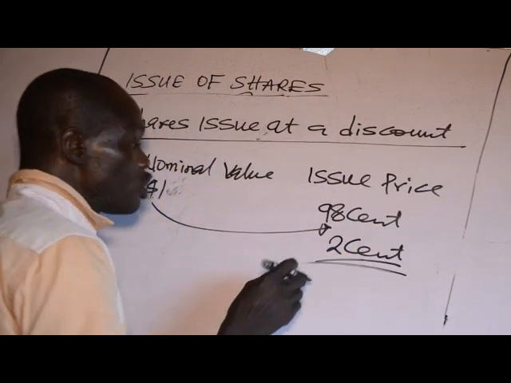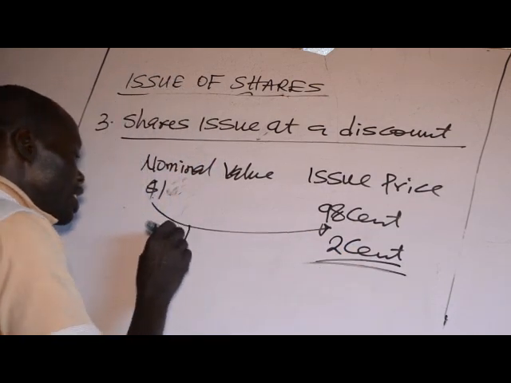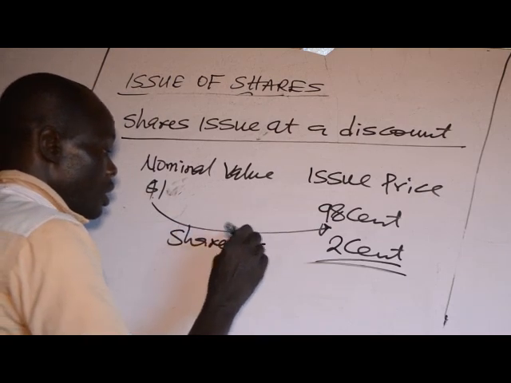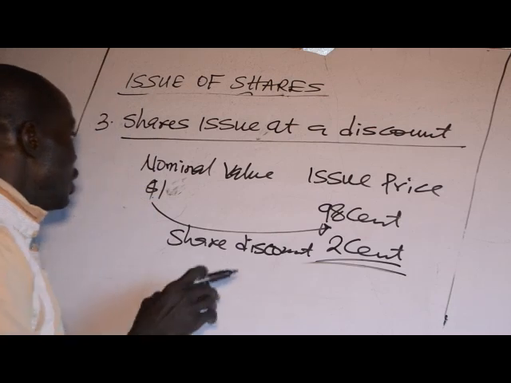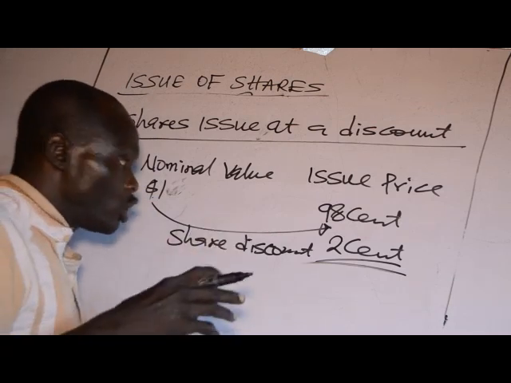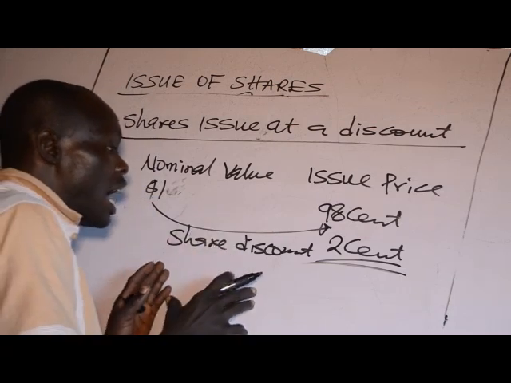The difference of 2 cents is the share discount. So shares issued at a discount are shares issued below their nominal value.